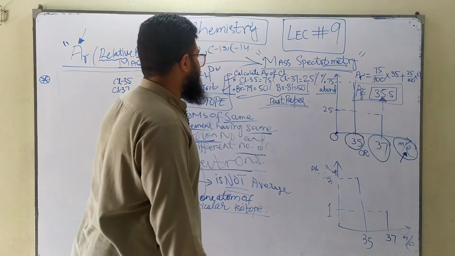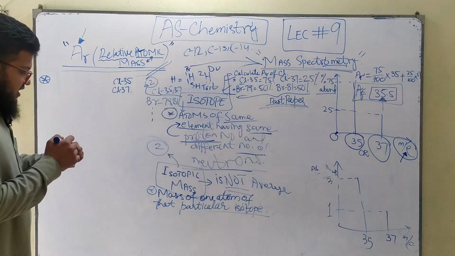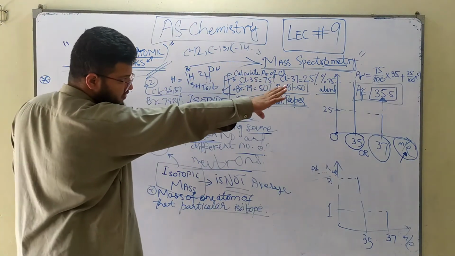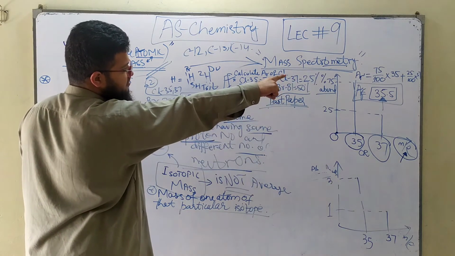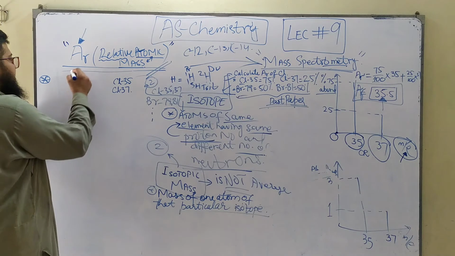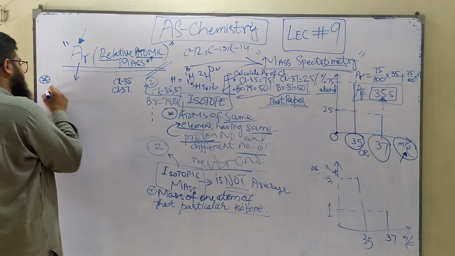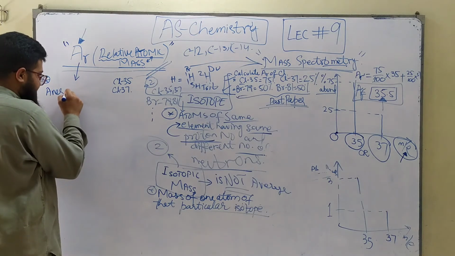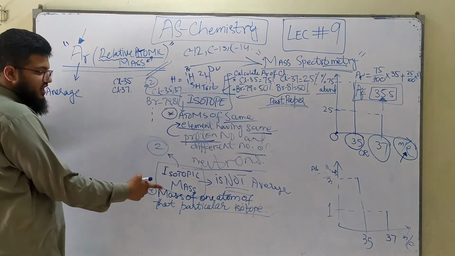Now let's come to the definition of relative atomic mass. We've looked at the methodology of calculating relative atomic mass, in particular for chlorine. Now, coming to its definition: relative atomic mass by definition is the average weighted mass. It's an average, okay? Isotopic mass was not an average.